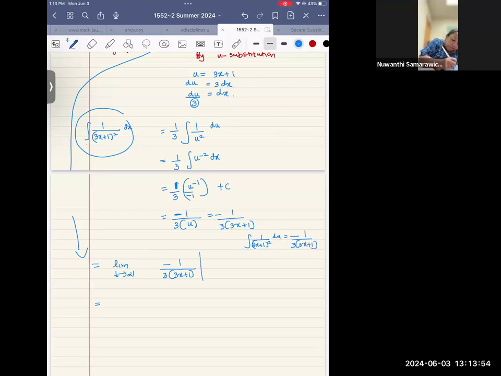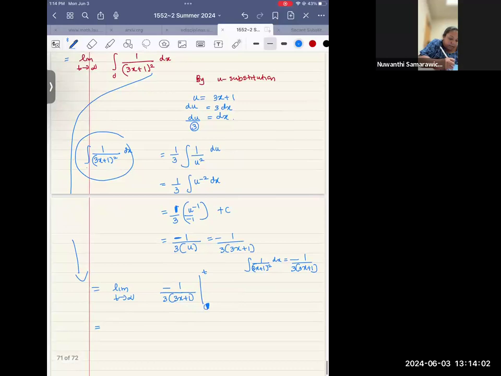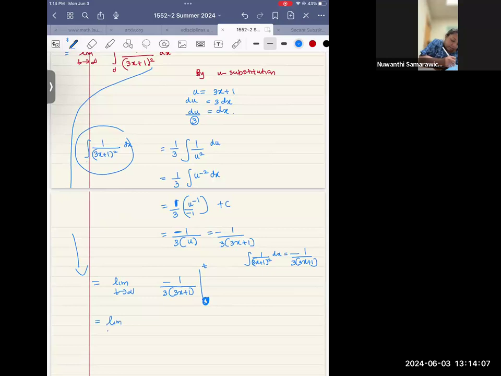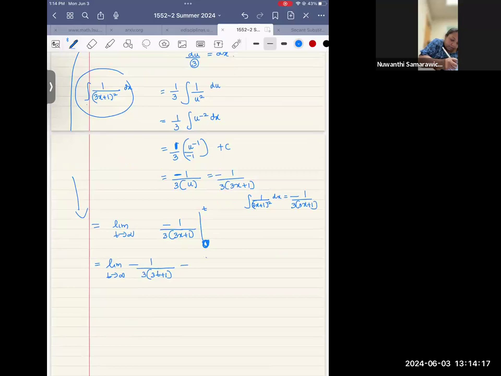Then we use the lower limit and upper limit, 0 to t. So negative 1 over 3(3t plus 1) minus negative 1 over 3 times (3 multiplied by 0, which is 0, plus 1).